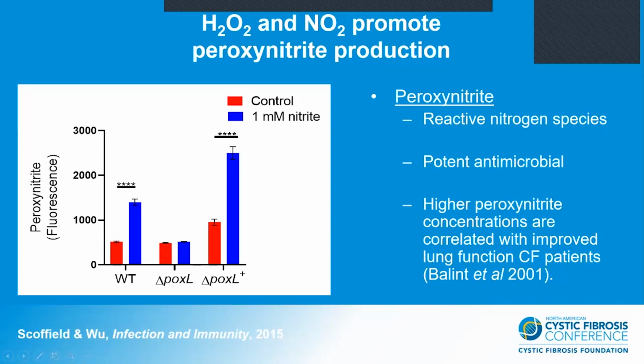And what's interesting about this finding is that higher peroxynitrite concentrations have been correlated with improved lung function in CF patients, which suggests that peroxynitrite is indeed being made in the CF lung, and it potentially has some antimicrobial activity against CF pathogens.